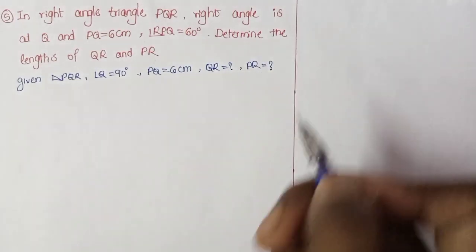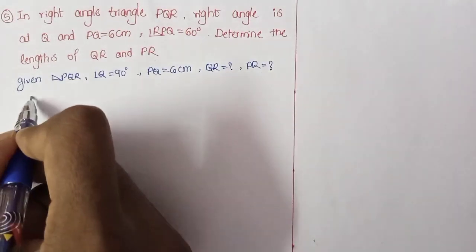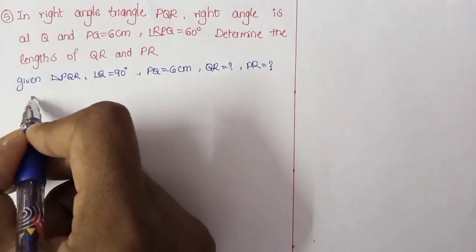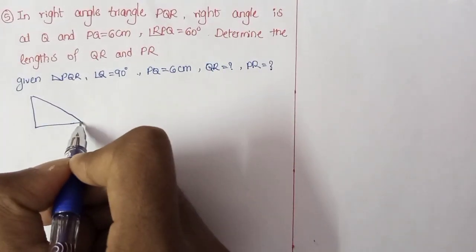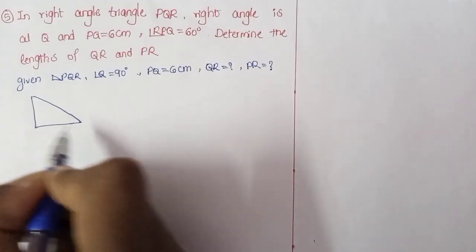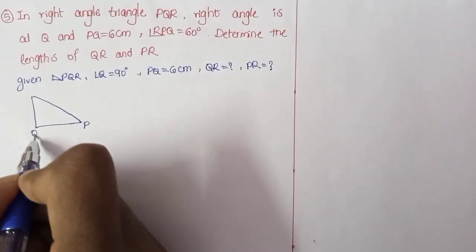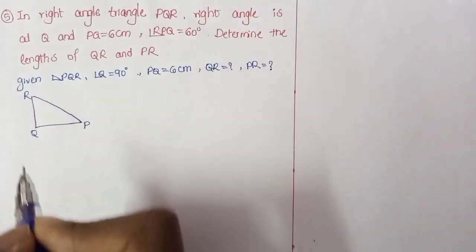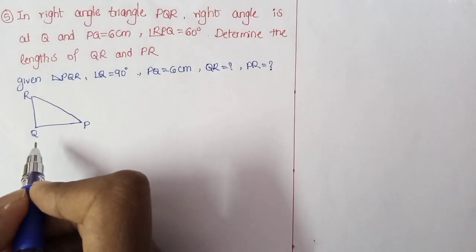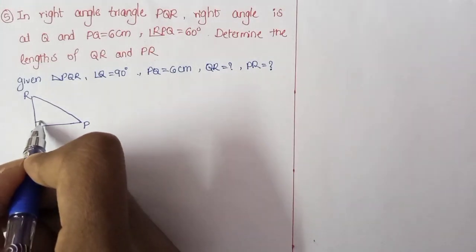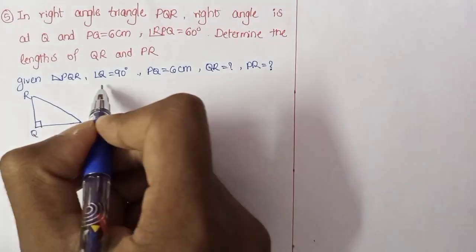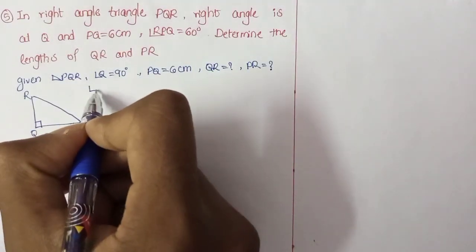This is the question. So first let us draw a right angle triangle here. This is a right angle triangle PQR. In PQR, angle Q is 90 degrees, and they have given one more, that is angle RPQ.